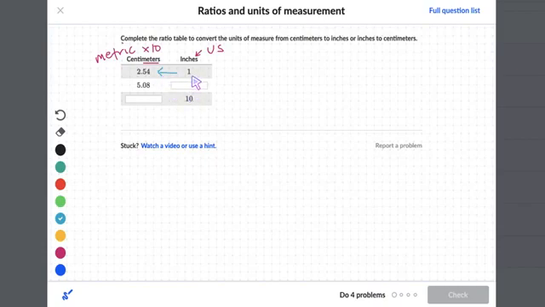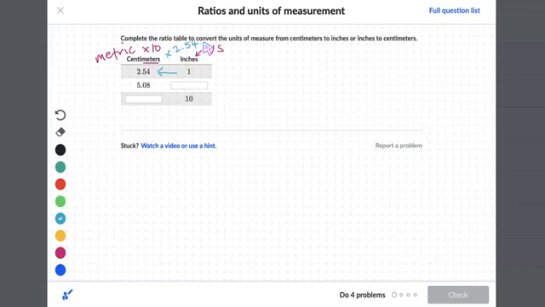What does 1 have to multiply by to get to 2.54, or 2 54/100ths? So pause the video and think to yourself, what does 1 have to multiply by to get to the other side of 2.54? If you thought to yourself 2.54, you are correct, because anything times 1 is that number itself.